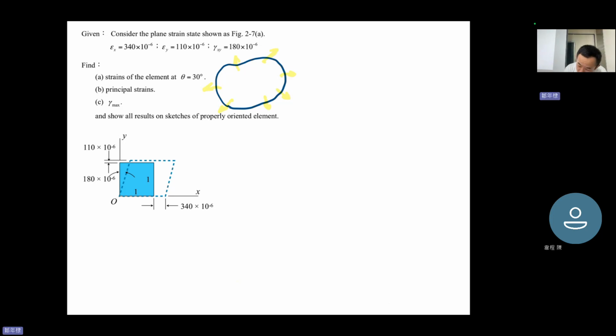And you have a strain element in some part of the material, and then you see this strain element after the loading become this shape.